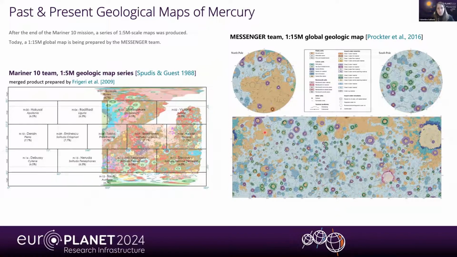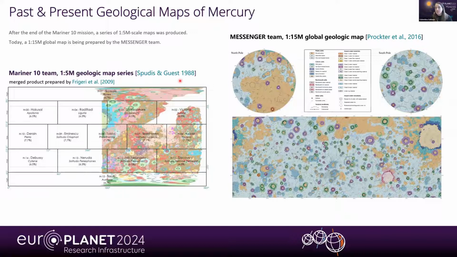So in view of the BepiColombo mission, we are also working on geological maps of Mercury following scales that are more similar to the Mariner 10 maps, and we will see it later.